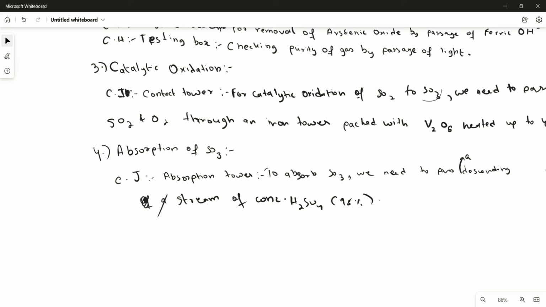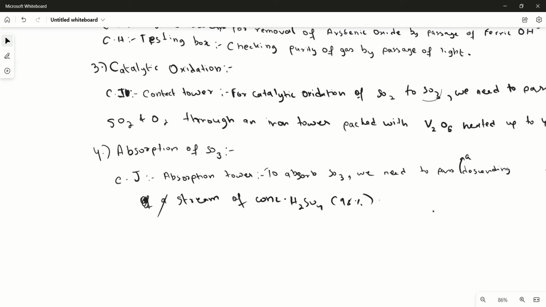What does dilution of oleum mean? When we pass a stream of concentrated H2SO4 and it reacts with SO3, it forms a substance called pyrosulfuric acid, or oleum, with chemical formula H2S2O7.